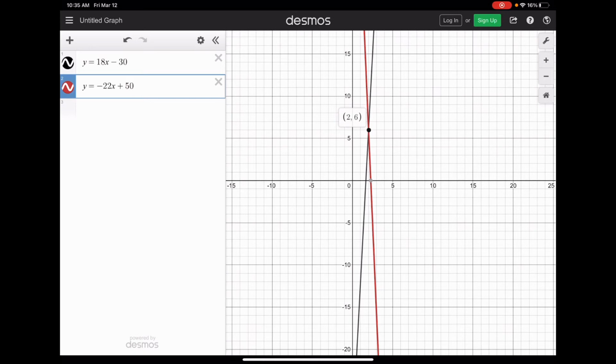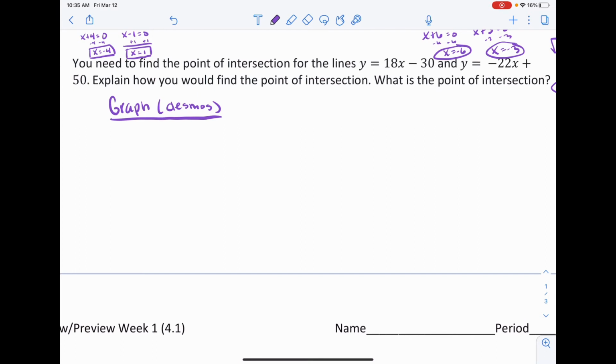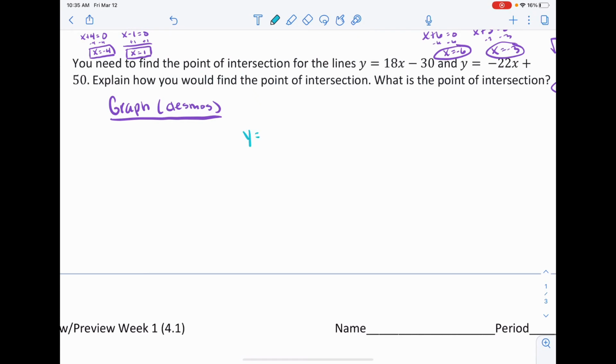All right, so here's how I'm going to write that out. I'm going to write down both of the equations. And oops, I'm going to use a different color.